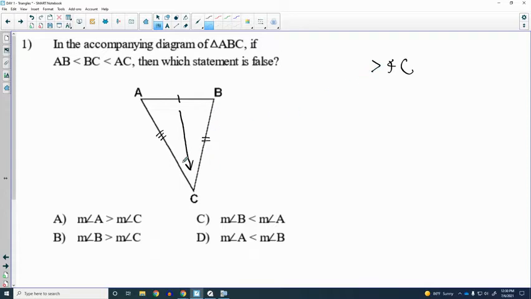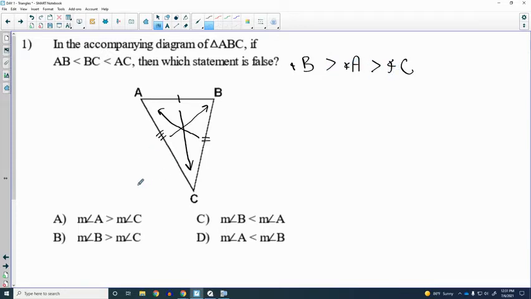Well, if BC is the middle side, then the angle opposite BC is going to be angle A. That means angle A is going to be the middle angle. And finally, obviously, opposite the longest side is going to be the biggest angle, which is angle B. So basically, you have B, which is greater than A, which is greater than C.